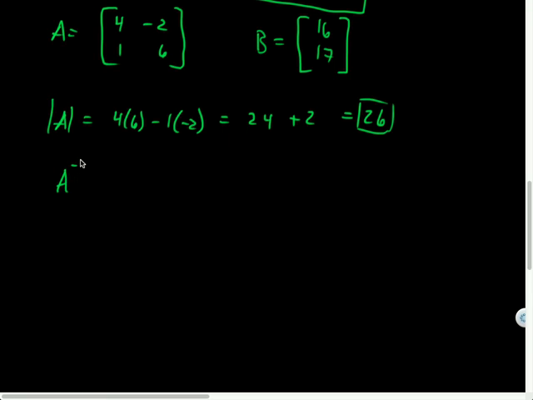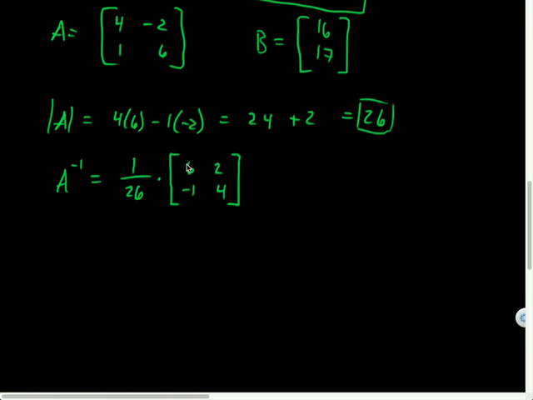So A inverse is going to equal 1 over the determinant, 1/26, multiplied by the following. I'm going to flip the primary diagonal, so 6 and 4. I'm going to change the signs of the secondary diagonal, -1 and +2.